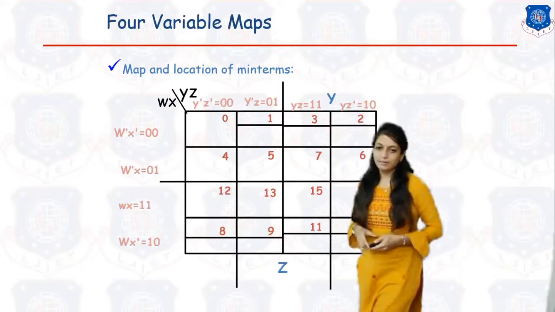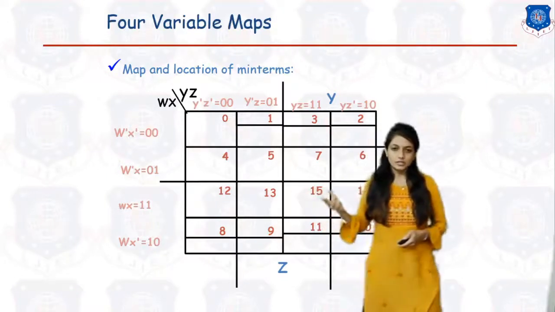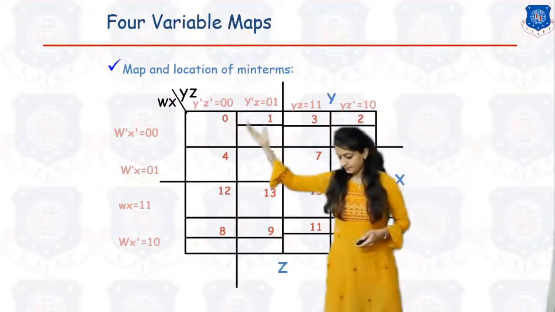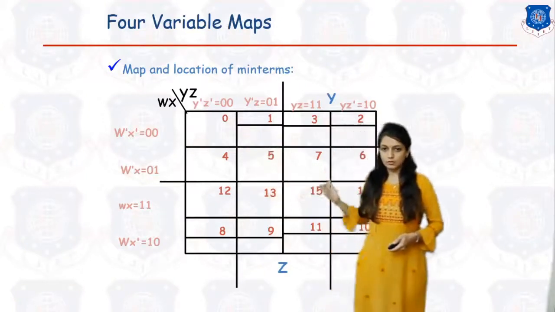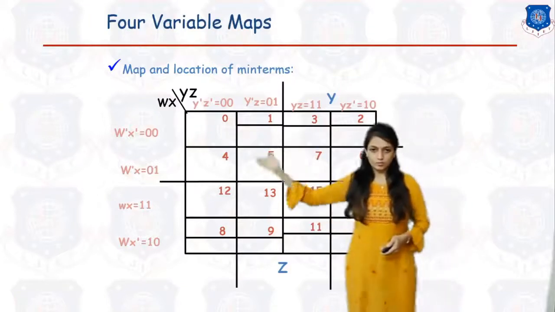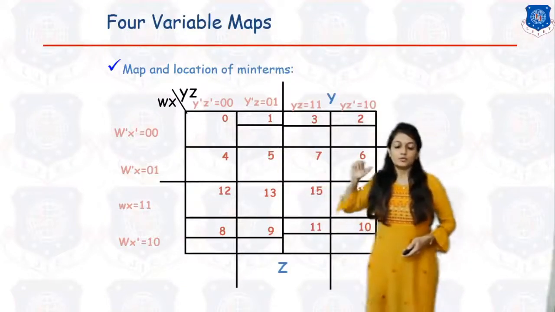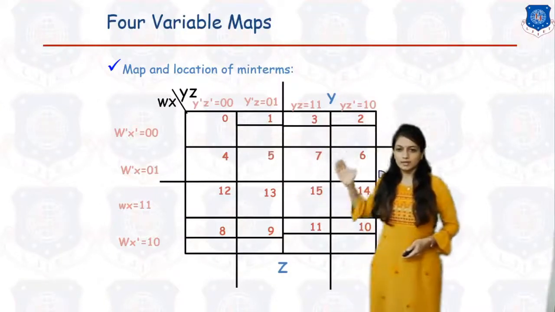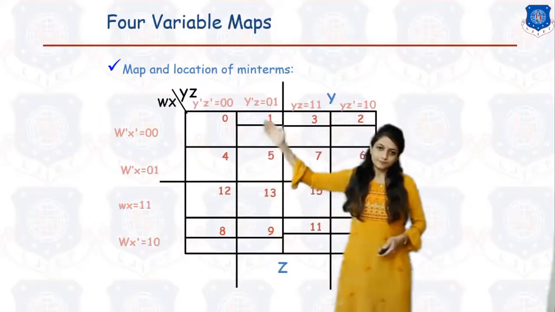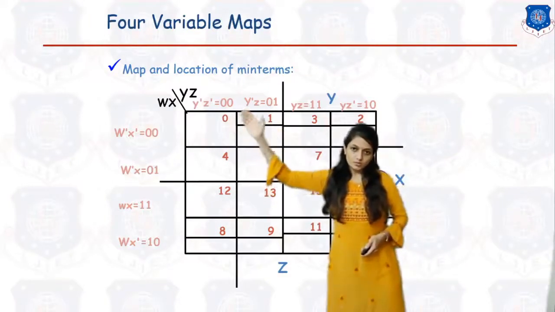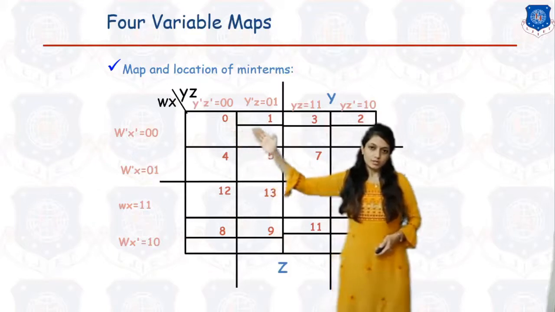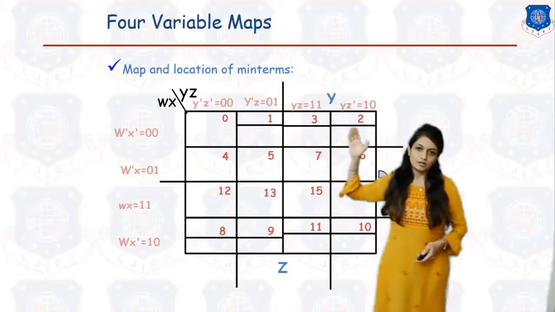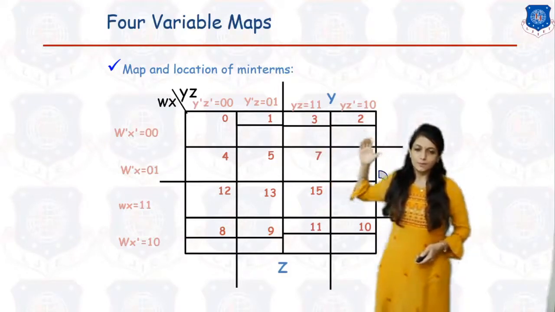Now the 4 variable K map, as we have discussed in the last session, the 4 variables are going to be placed like 2 variables row wise, 2 variables column wise. Total 2 raised to 4, 16 boxes are there. So it is going to be placed like 0 0 0 0, that means M0, 0 0 0 1 M1, 0 0 1 1 M3, 0 0 1 0 M2.